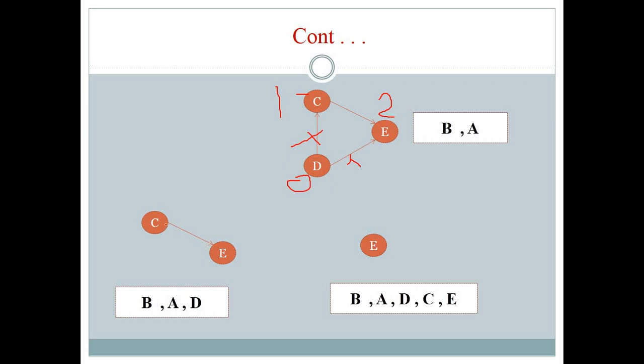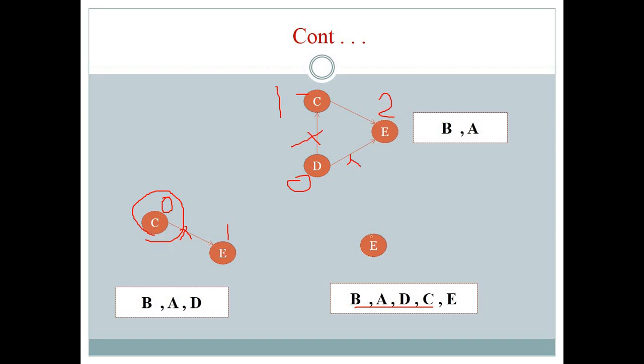Find the in degrees for all the vertices. C has in degree 0 and E has in degree 1. So again we will delete the node C with in degree 0, also delete its edges. So we will store C in our list.